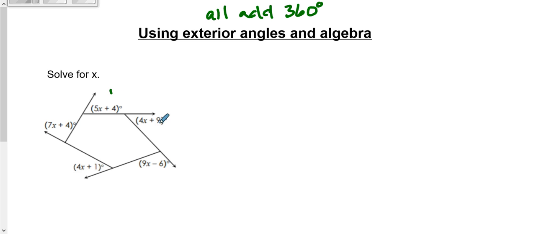This is a 1, 2, 3, 4, 5. It's 5 exterior angles. This is a pentagon, a 5-sided figure. So what we're going to do is, I'm going to change the color here.